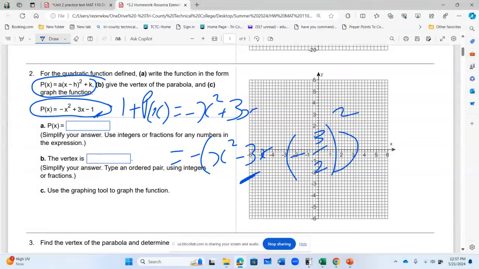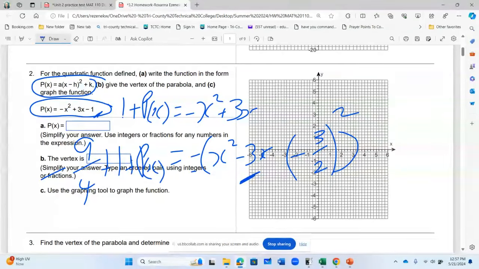I want you to know that I took the negative out. So I'm going to square this, and that is 9. Actually, it's 9 over 4. So I'm going to write 9 over 4 here. But I want you to remember, because of the negative here, I'll put negative 1, plus 1 that is already here, plus p of x.